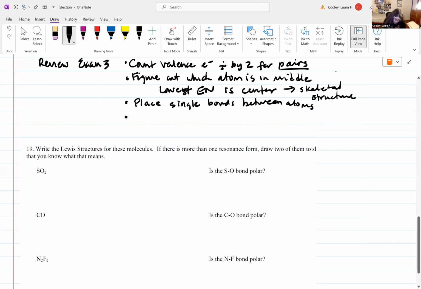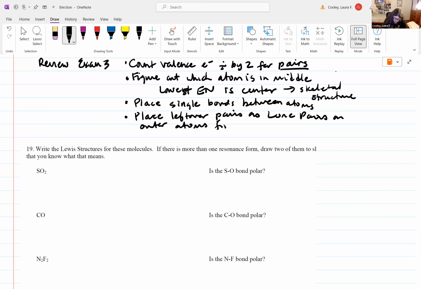Okay, then you have some pairs left over. Place the leftover pairs as lone pairs on the outer atoms first.